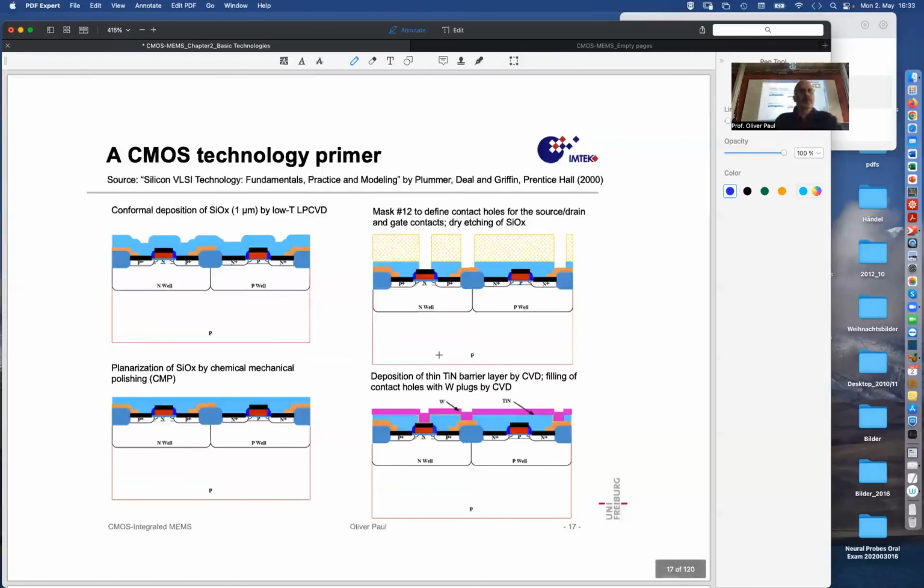What comes next? Next comes an insulating layer. That's again a low temperature LPCVD silicon oxide, 1 micron thick, so thicker, to first of all, again, conformally mask everything, and then to be removed to make this whole thing flat. Because you can imagine that topography is not desired.